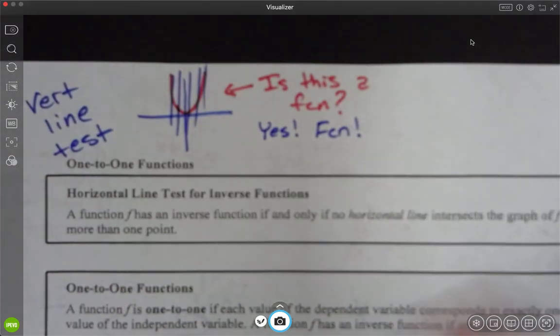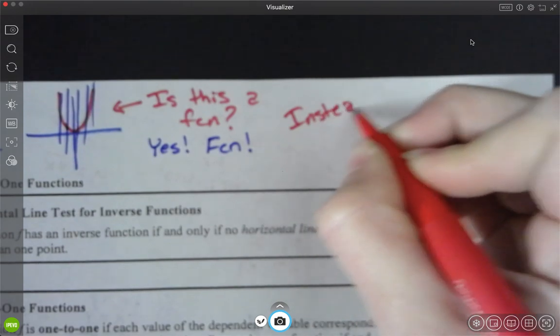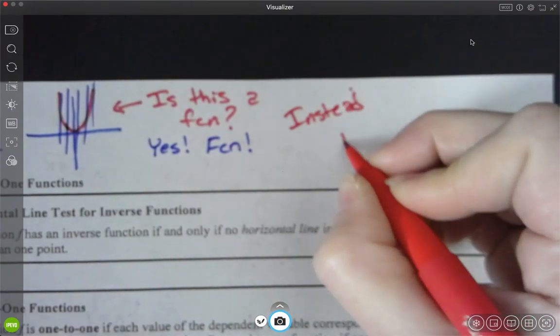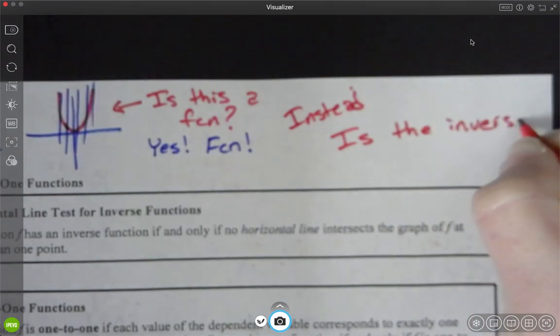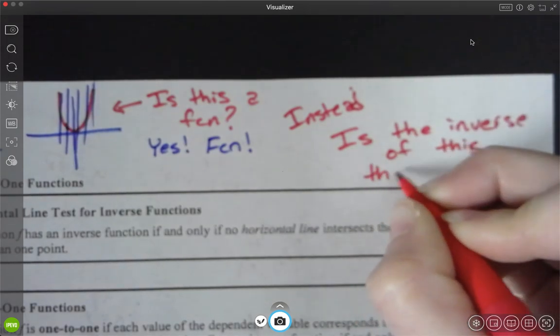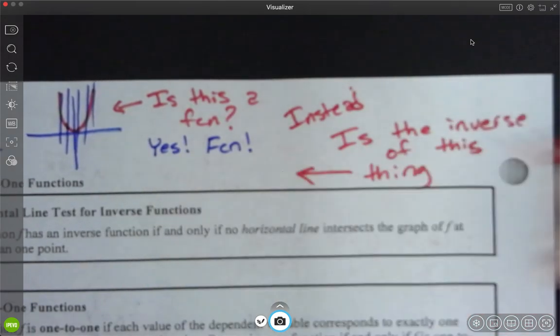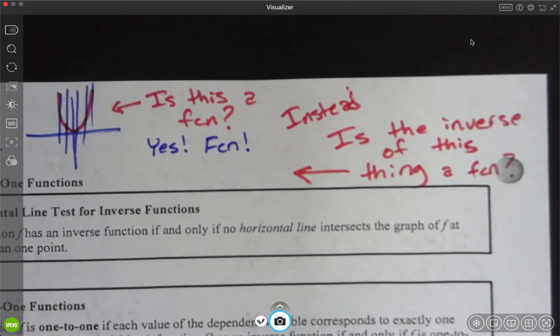But now instead, if I say, wait a second, is the inverse of this thing a function? I want to know if the inverse of this graph that I just made is a function.